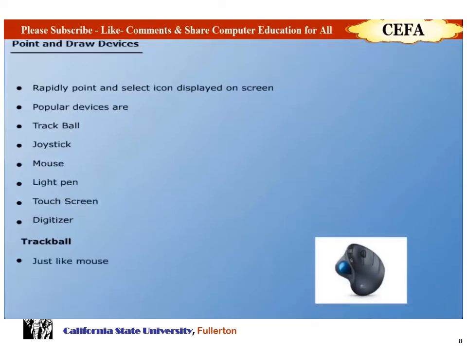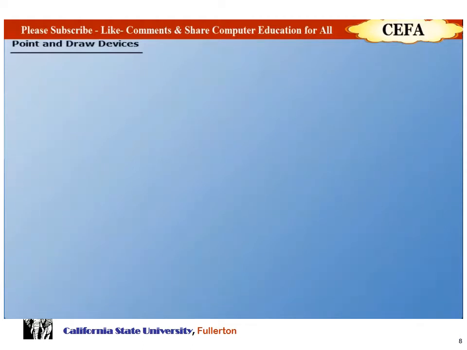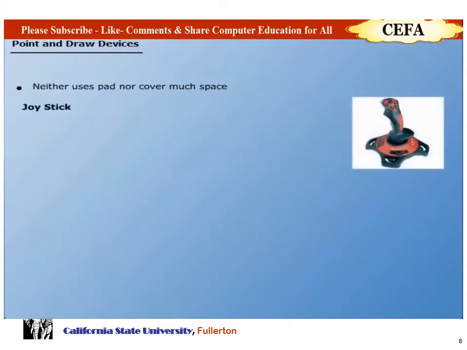Trackball. Trackball works just like a mouse. Trackball contains only one ball instead of different buttons like left or right, etc. Trackball uses this ball to move the cursor position from one location to the other. Trackball neither uses any such pad nor covers much space. Joystick.